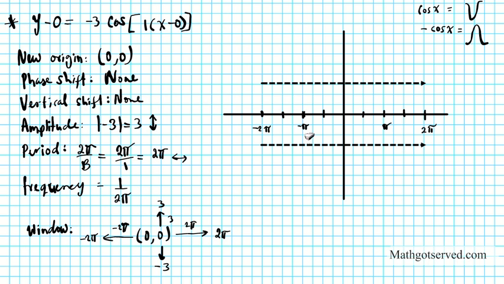Starting from the y-axis, that's where we always start, sine or cosine. Starting from the y, we start from the minimum. So we have min, center, max, center, min. And then the other direction, min, center, max, center, min.